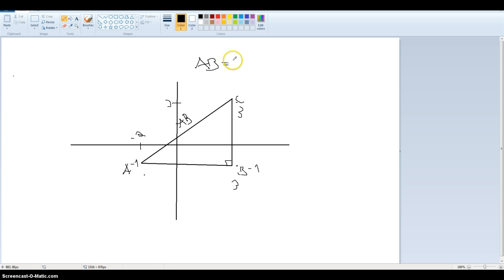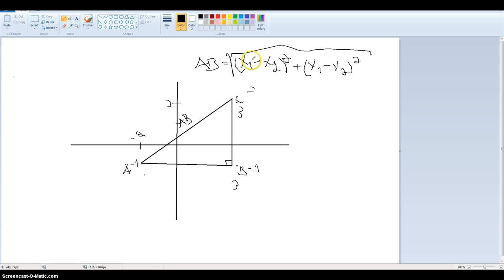theory from the Pythagorean theorem, which is (x1 minus x2) in brackets powered by 2, plus (y1 minus y2) in brackets powered by 2, and the whole thing is taken square root.